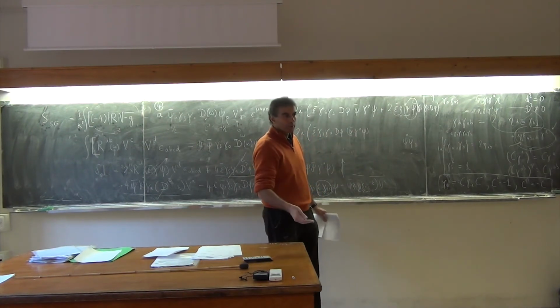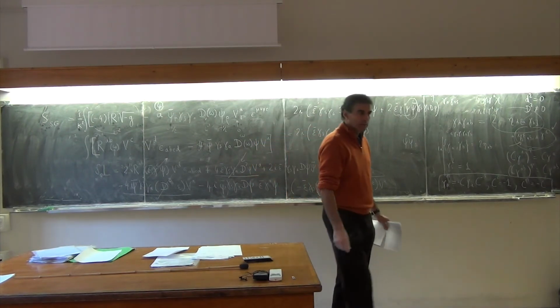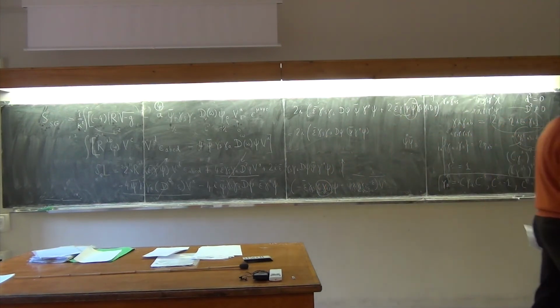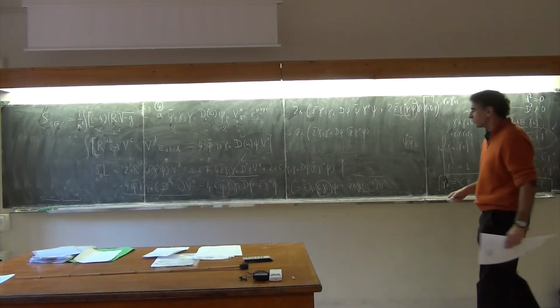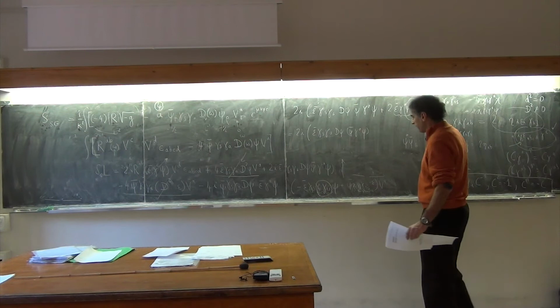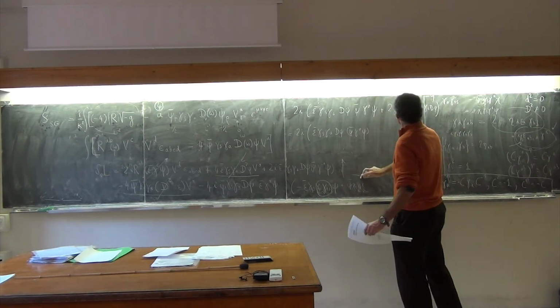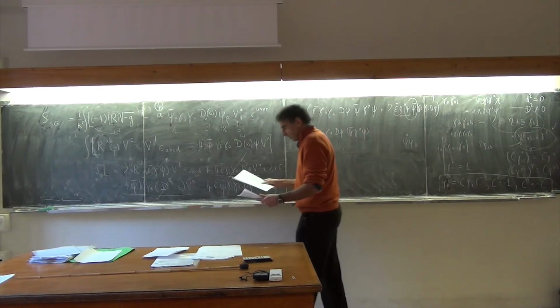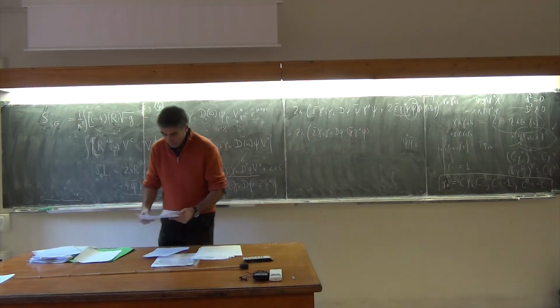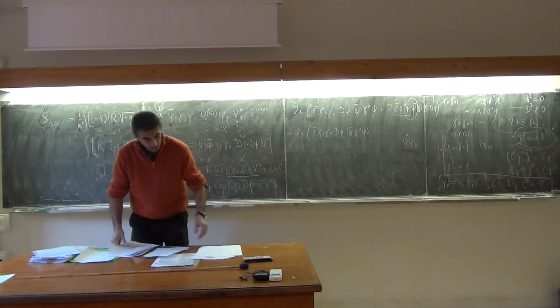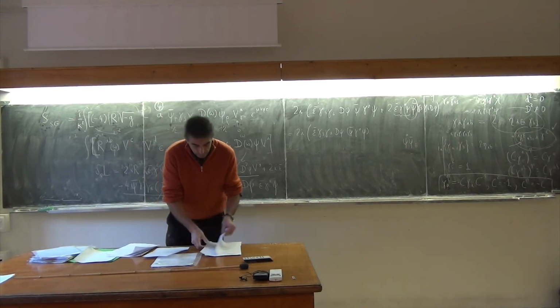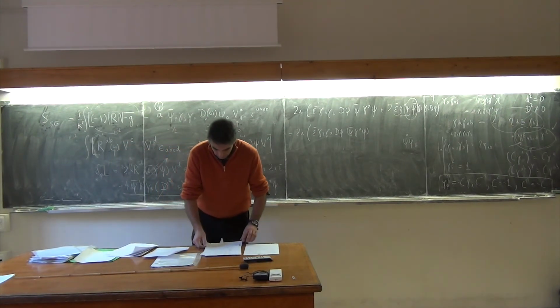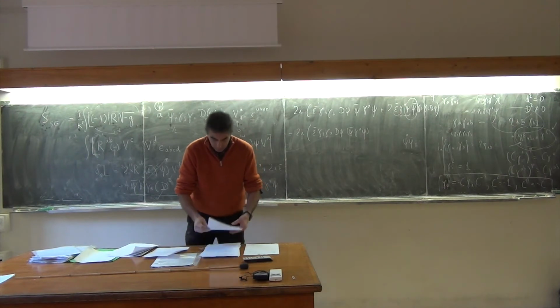I can decompose it on the complete basis of gamma matrices. These are the complete basis for matrices in spinor space, the 16 gamma matrices. And so this means that it can be written in the following form, which is what is called a Fierz identity.